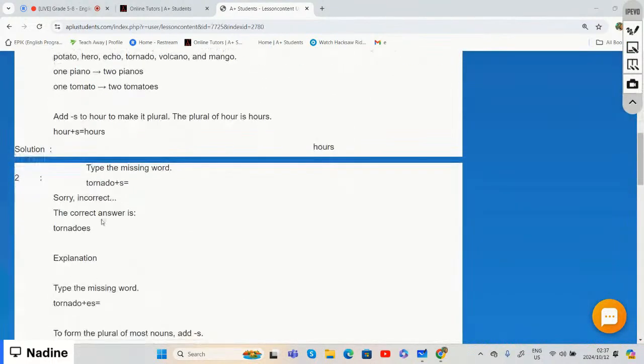What is tornado plus es? How do we write the plural form of tornado? We need to form the plural form of tornado. The plural of tornado. What is that?